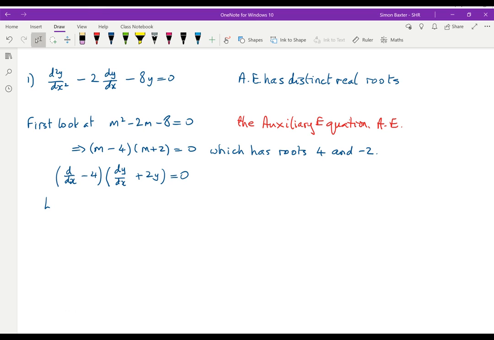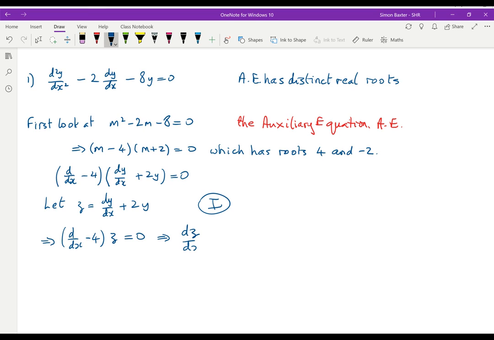Now I want to put z equal to dy by dx plus 2y. I'm going to call that equation 1 because I'll refer to it later. The equation just above now becomes (d/dx - 4) z is 0, which is just dz by dx minus 4z equals 0.